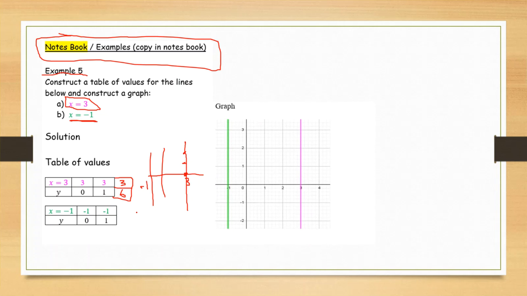It'll look like this. This is our minus 1, this is the green, this is x equals 3. So x equals gives us those vertical lines. And remember, the gradient for vertical lines can't be worked out. It's what we call undefined.